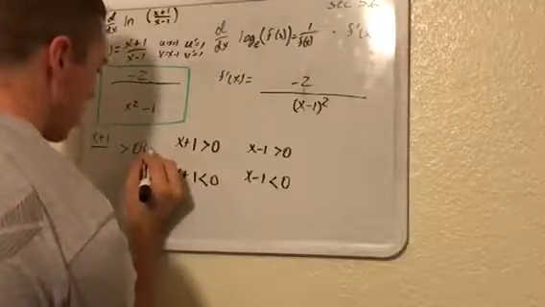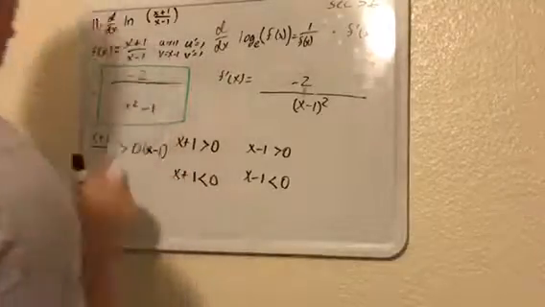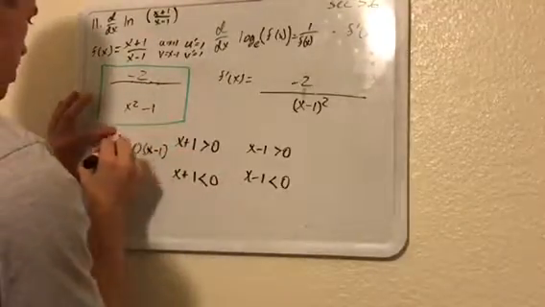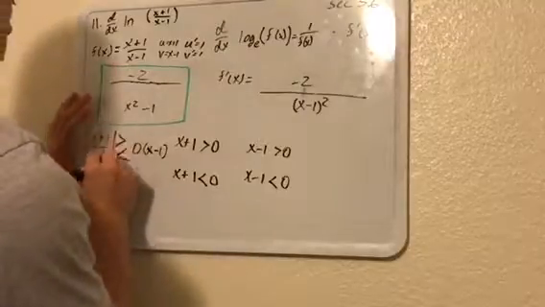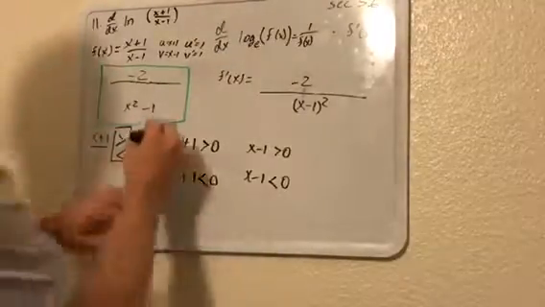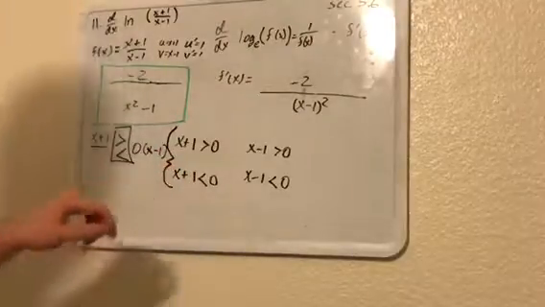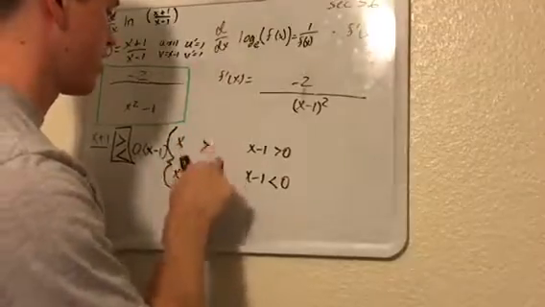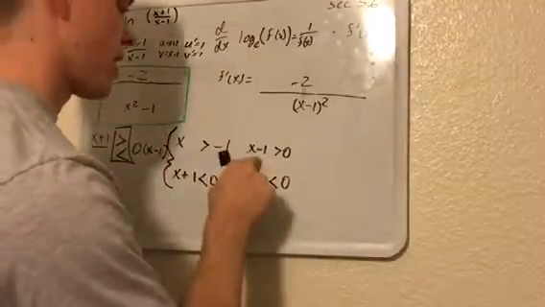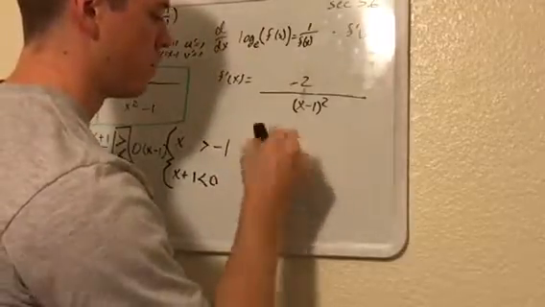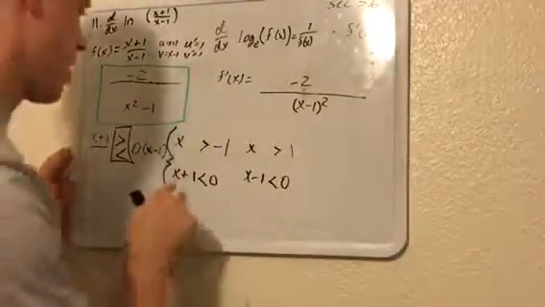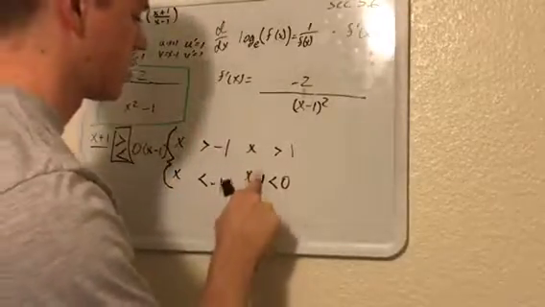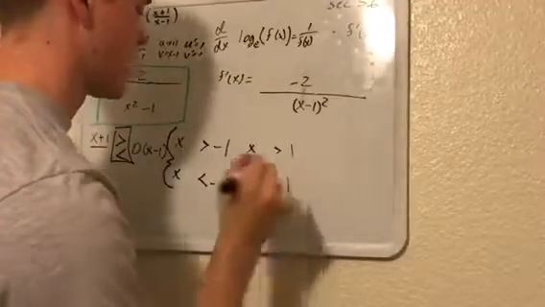So all we're doing is we're going to multiply this across. So times x minus 1. And this piecewise function will determine whether this right here is going to be greater than or less than. So this is defined over here in this piecewise function. So you can say this way, that x is greater than -1 if x is greater than 1, and that x is less than -1 if x is less than 1.